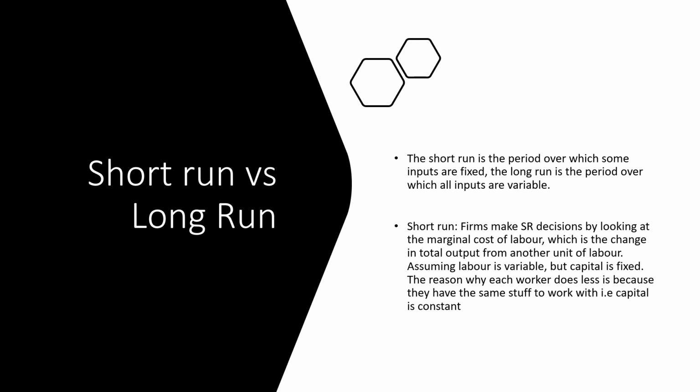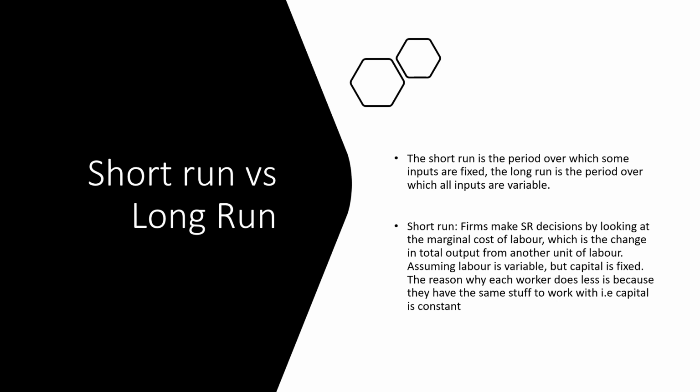So in the short run, firms make SR decisions by looking at the marginal cost of labor, which is the change in total output from one additional unit of labor, one additional person coming into the factory. How much does output change? So assuming that labor is variable but capital is fixed, the reason why each worker does less at some point is because they all have the same stuff to work with.